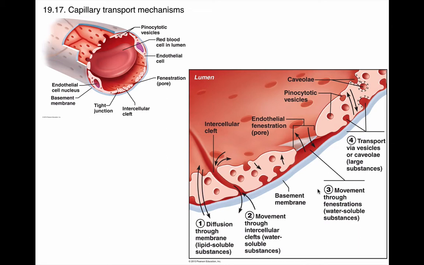But in the case of the continuous capillaries, those most common capillaries in the circulatory system, it's really only methods 1, 3, and 4 that we see present there. Just diffusion, active transport, or movement in places where you don't have tight junctions. But anyway, those are all the ways that materials are going to be moving from the lumen of the capillary into the interstitial spaces.